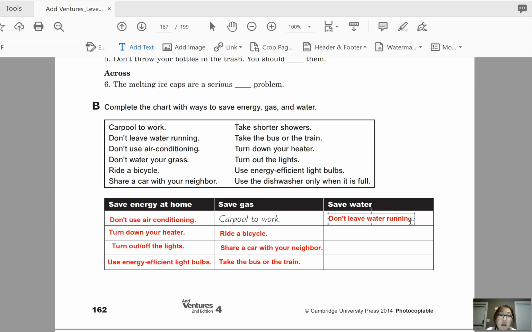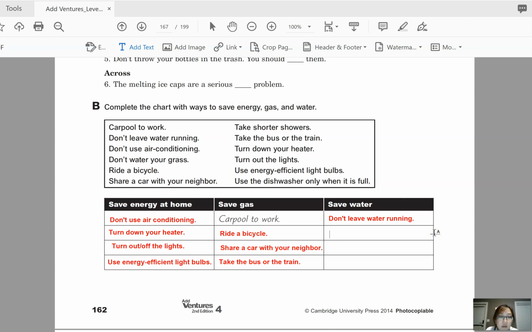A very common way to use run is for when you run a race, like we talked about in the fable of the tortoise and the hare. Run also means to operate, like run a business. And run late. When you say, I am running late, it just means I am in the process of being late. Okay, we're going to keep going.